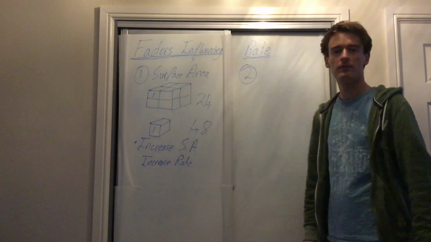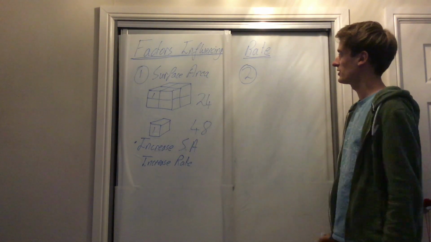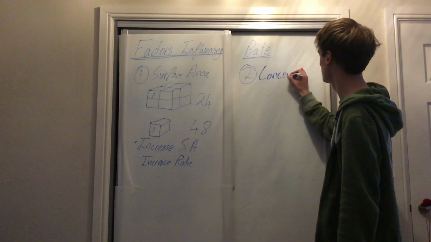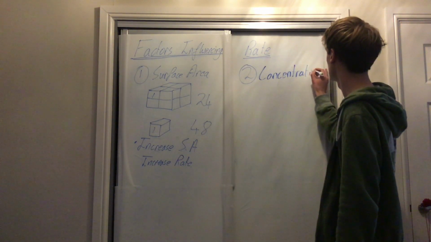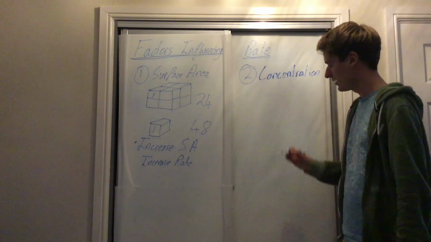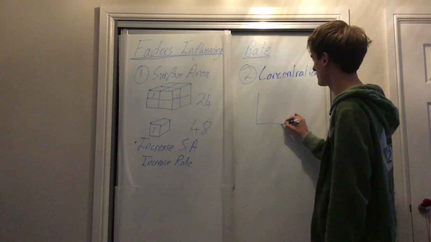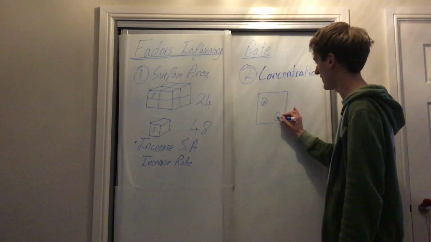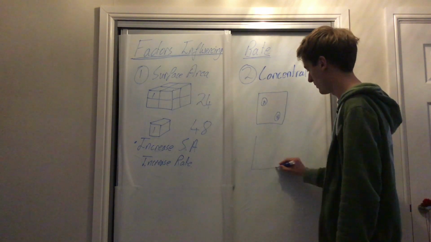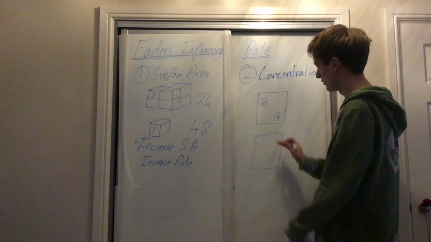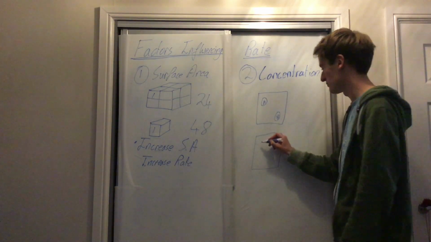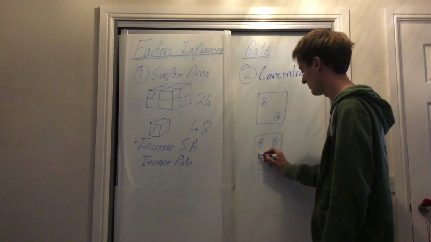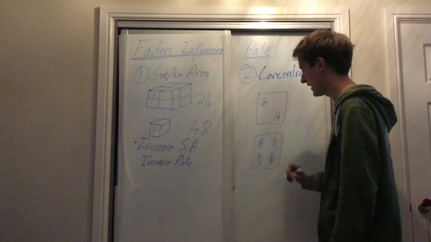Factor number 2 that influences a rate of reaction is concentration. So, if we imagine a box with two particles, A and B. And if I imagine a box, again, the same size, or near as makes no difference in my drawing, with two A's and two B's.